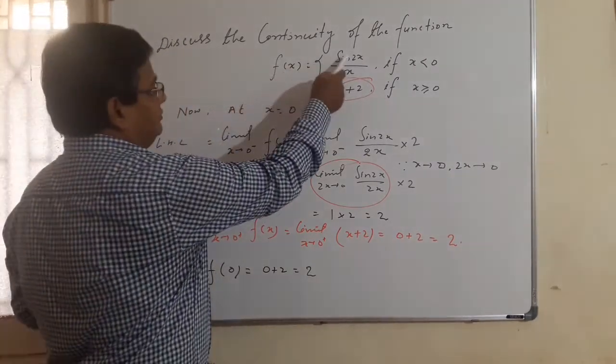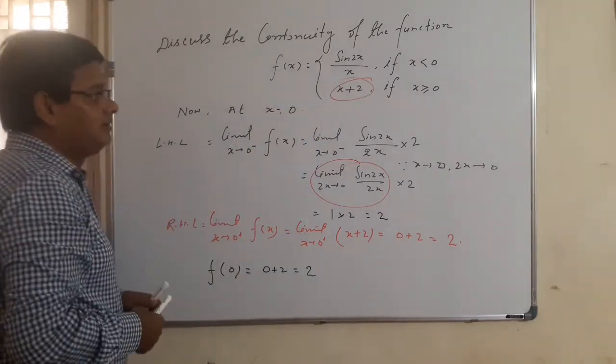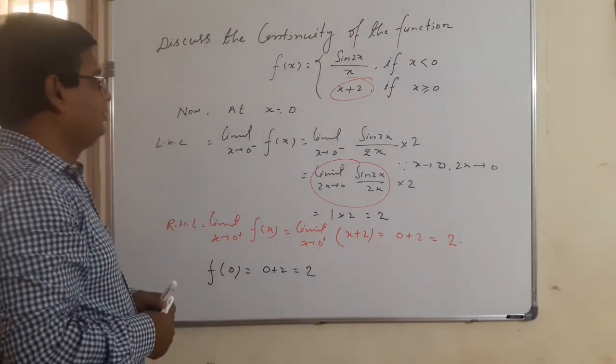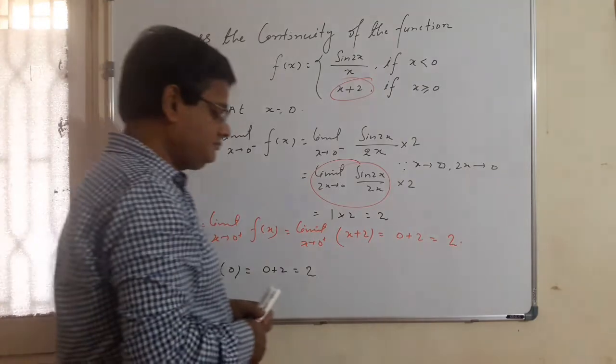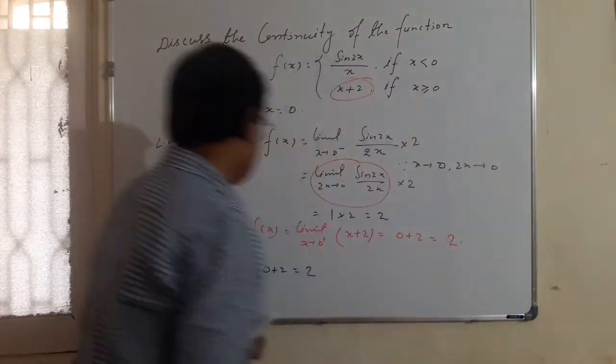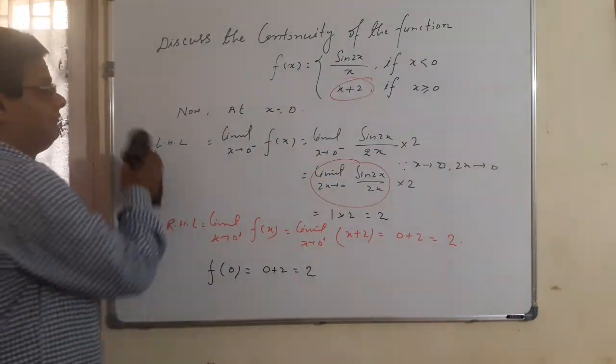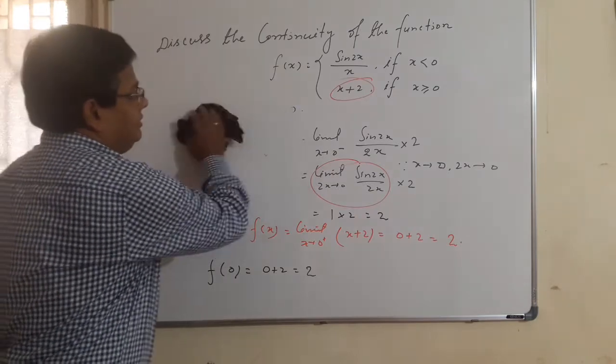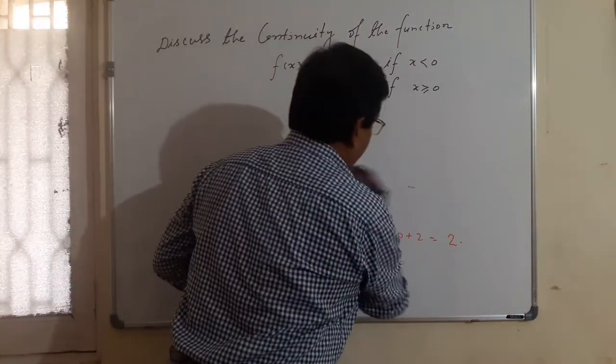So f(x) is equal to sin 2x by x is continuous everywhere. So the given function f(x) is continuous everywhere.